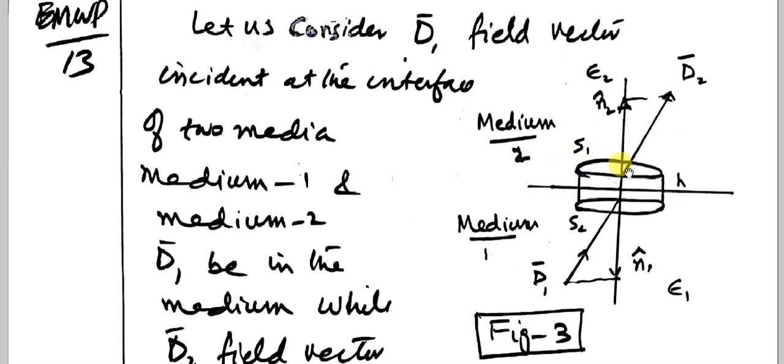S2 is the surface area in medium 2, S1 is the surface area in medium 1. n1 and n2 are the unit vector normals. Epsilon 1 and epsilon 2 are the permittivities of both media.